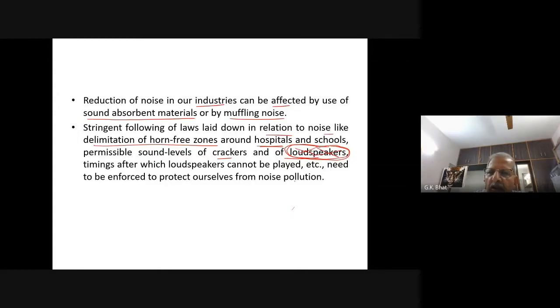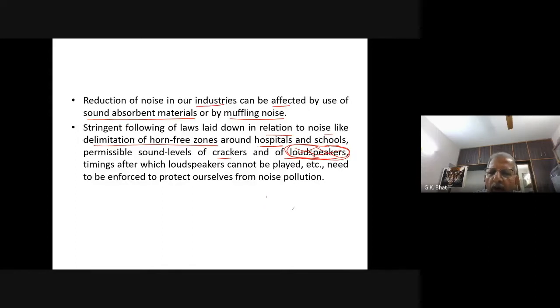Just imagine, there is one aged person at his residence, near a temple. If the loudspeaker is used in the temple the whole day, is it not that his health gets affected?